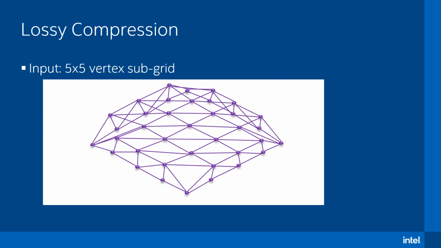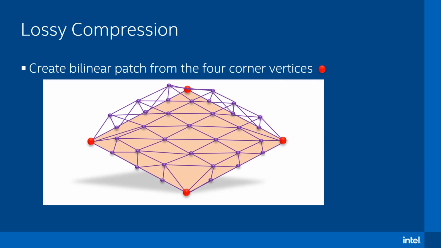The lossy compression phase starts with a 5 by 5 uncompressed vertex subgrid as input. Next, we create a bilinear patch from the 4 corner vertices of the subgrid.